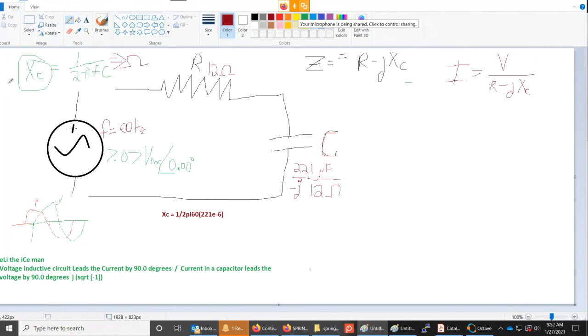And so this is the capacitive reactance of the capacitor.